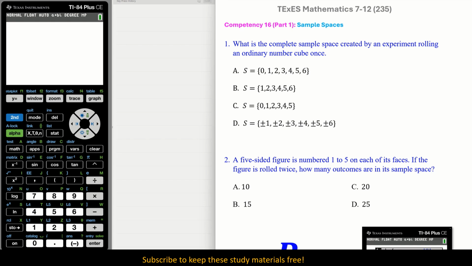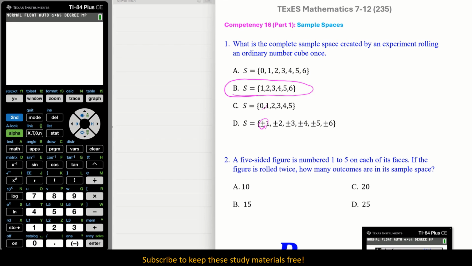So our sample space is B, 1 through 6. Looks like in these other examples, like D, this is including a negative. This would be a sample space for completely different situations. So it would be a list for something else. It doesn't apply, obviously, to a die.